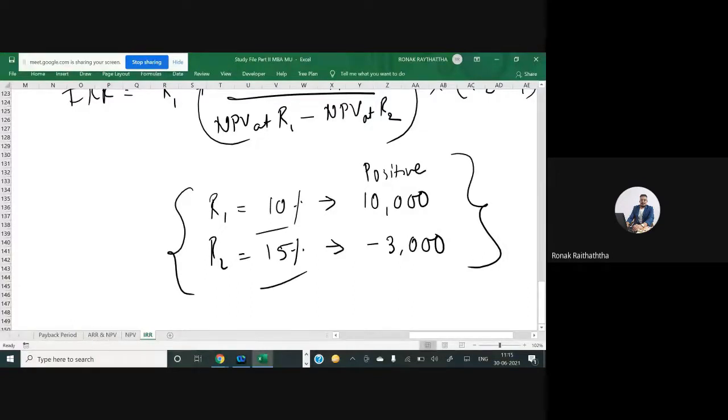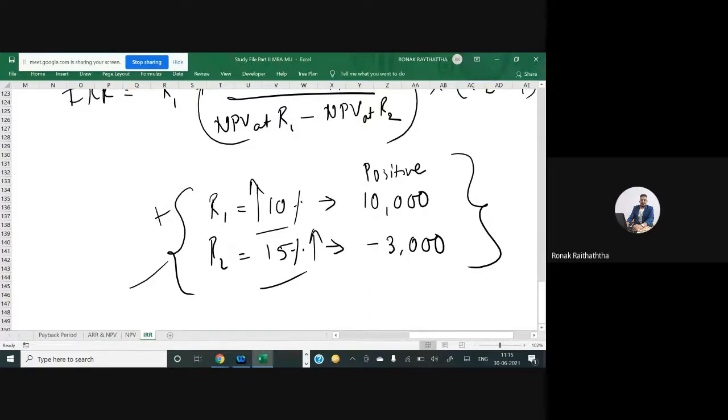I can also say it like it is more than 10% and it is lesser than 15%. So I can at least establish that, sir, my actual rate of return is falling somewhere between 10 to 15%. Right? Because higher you take this rate of return, lower and lower the NPV will be. More and more discounting rate you take, lower and lower NPV will be.